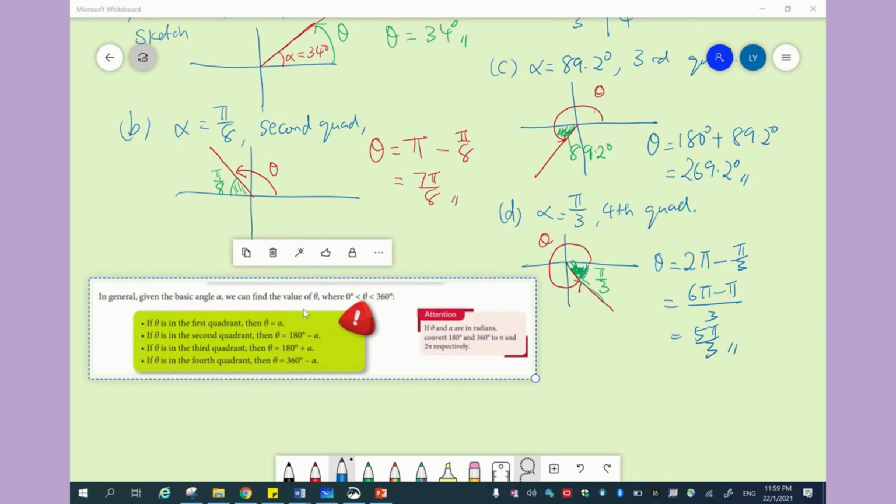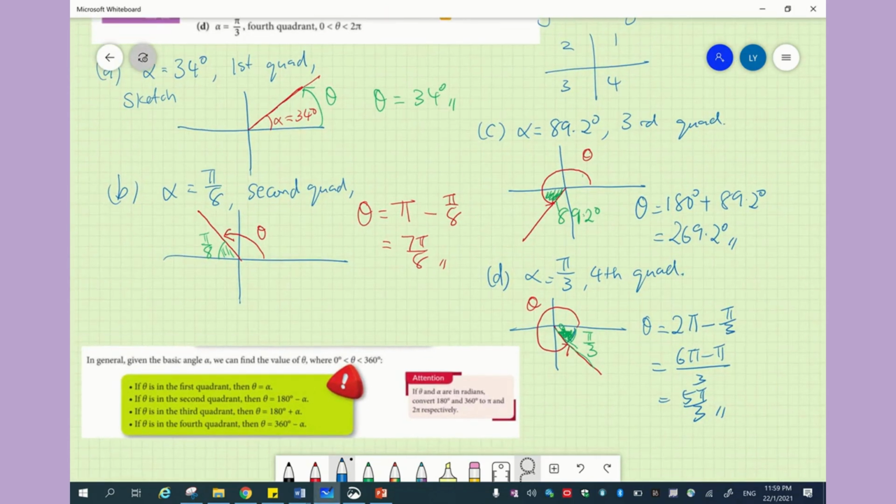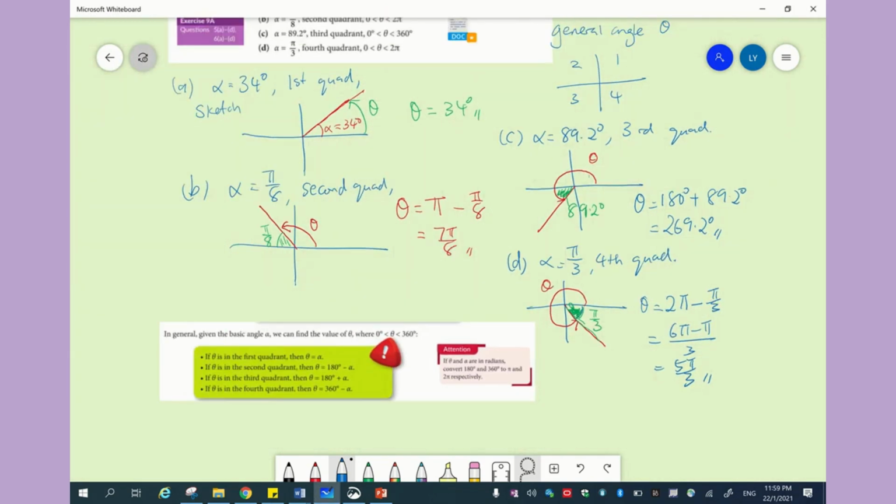If theta is in the first quadrant, as we did just now, your theta is equal to alpha. If the angle theta is in the second quadrant, it will be 180 degrees minus alpha. If it's in the third quadrant, it will be 180 degrees plus alpha. If it's in the fourth quadrant, it will be 360 degrees minus alpha.